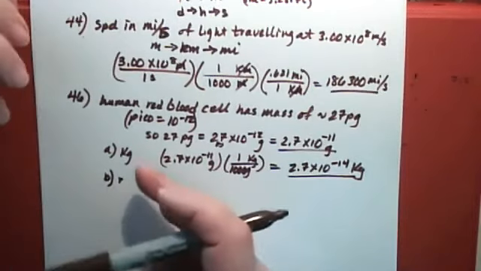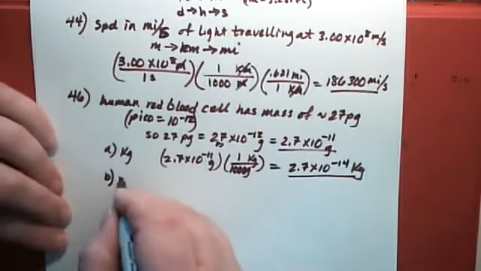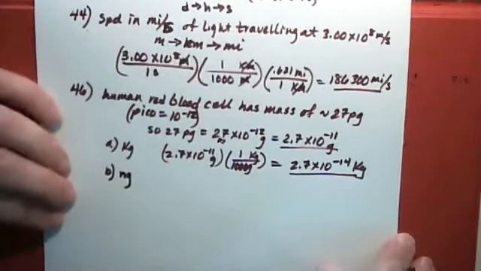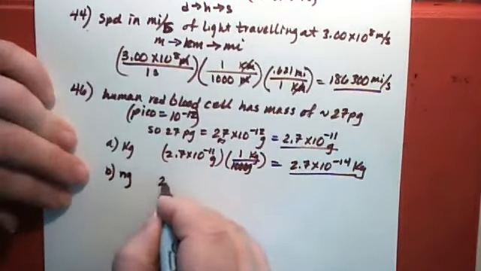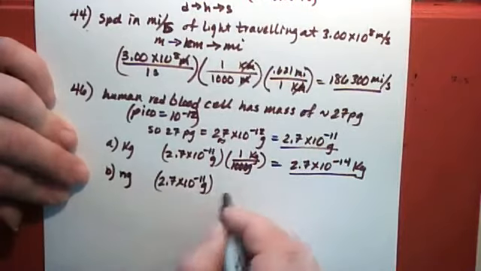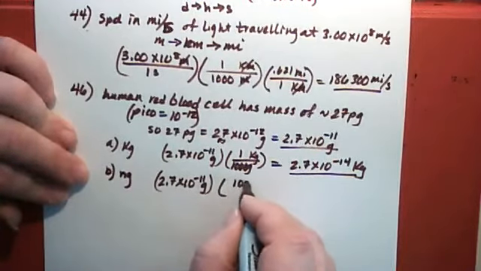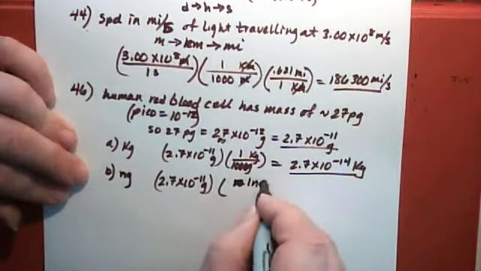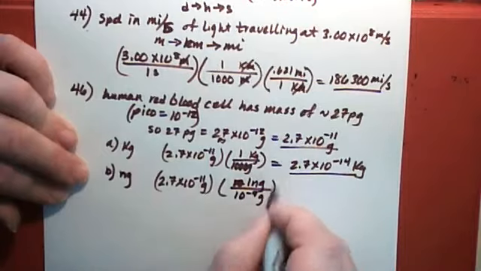And let's see, B is, where is it? Nanograms. A nanogram is 10 to the minus 9 grams. Oh, sorry. 1 nanogram is 10 to the minus 9 grams.